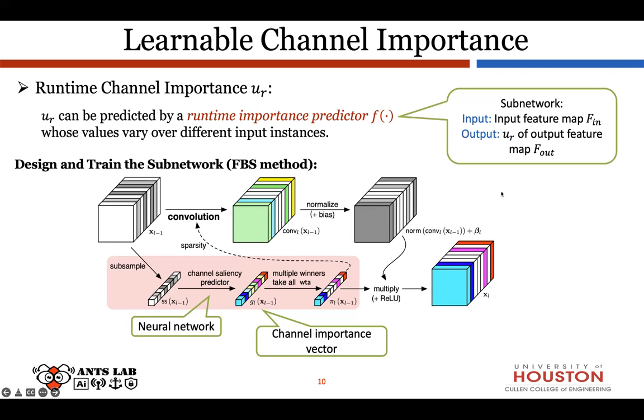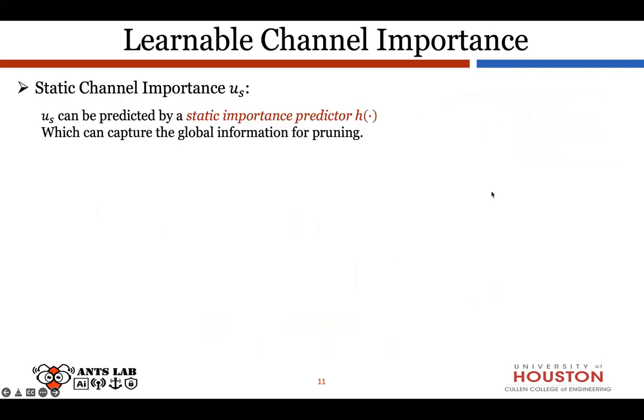Okay, so let's move to the next page. In this page, I will introduce how to measure the static channel importance. Similar to the runtime channel importance, it can be predicted by a static importance predictor H function, which can capture the global information for pruning.